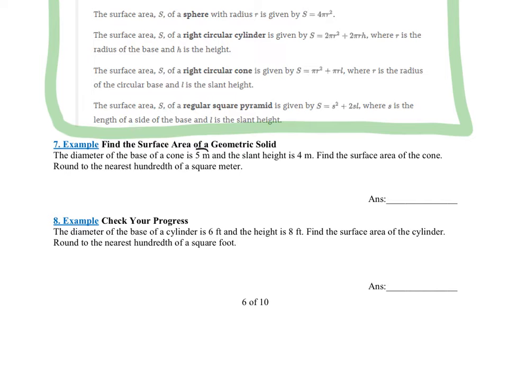So it tells me what the base is, and it tells me what the slant height, which is denoted by l, is. It wants the surface area of a cone. The formula for the surface area of a cone is pi r squared plus pi r l. I did make a little bit of an error.